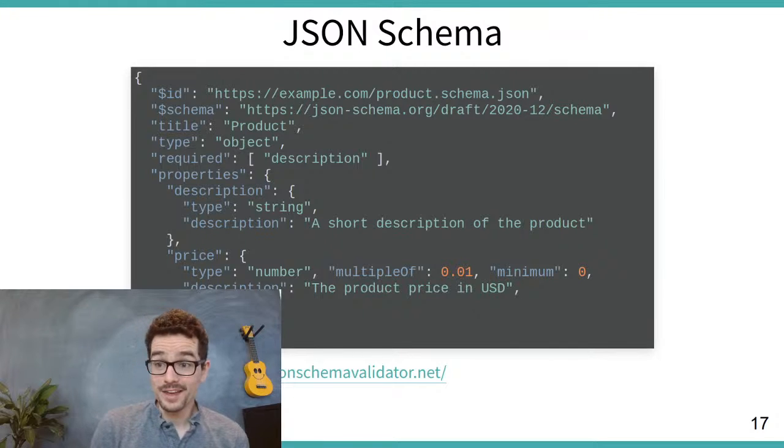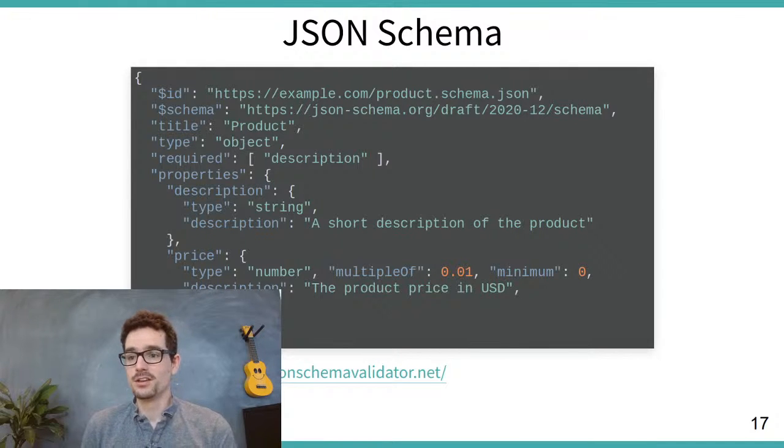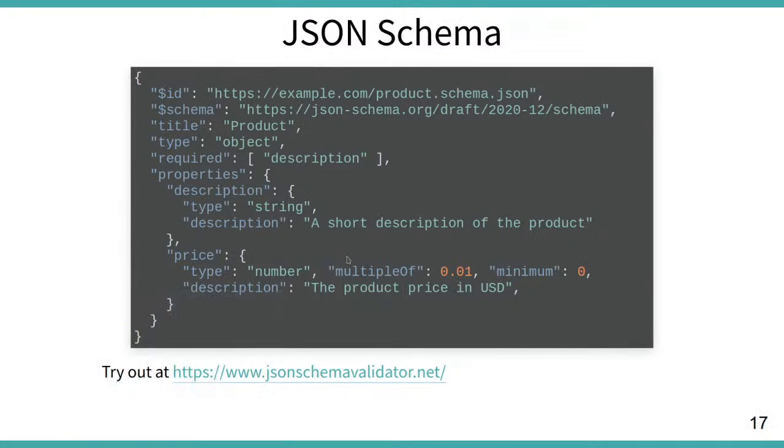There are many standards for JSON schema. The most prominent one is called JSON Schema. And you see here an example which I created, which the document that I showed to you with the product should match. So let's go over this example. This is just an ID of the schema.